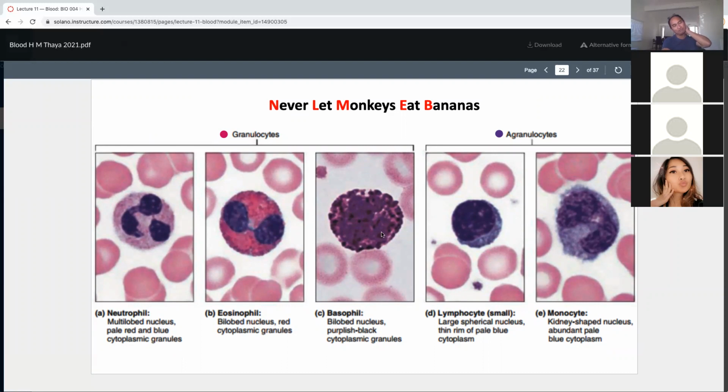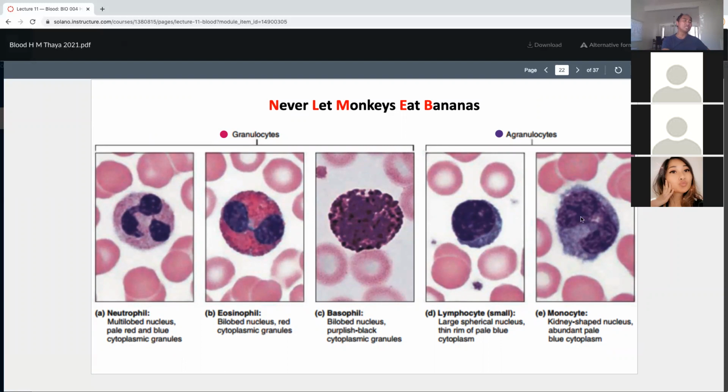Basophil, you're not going to see much. There is not much character in it. Lymphocyte has blue cytoplasm, and the nucleus is really big, nearly completely filling the cytoplasm.